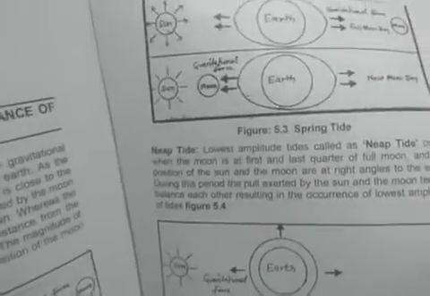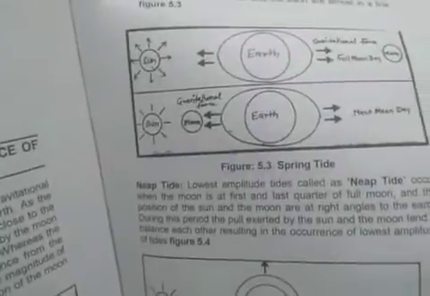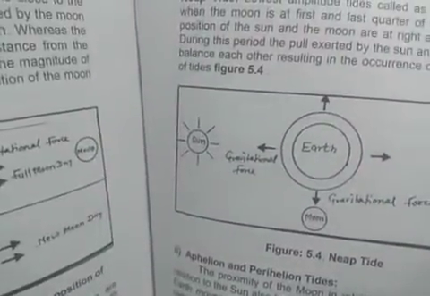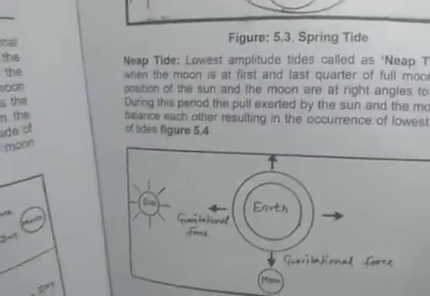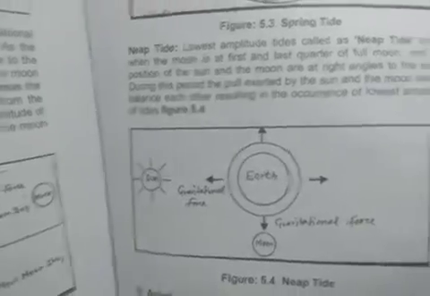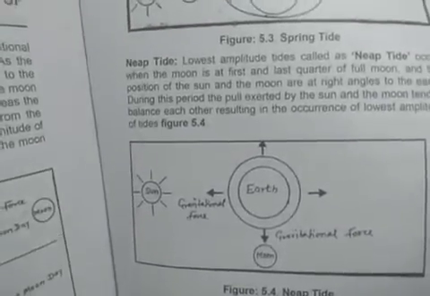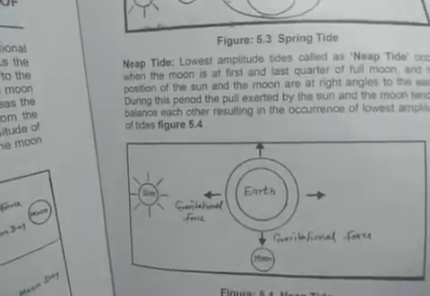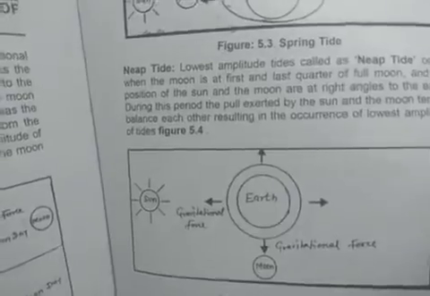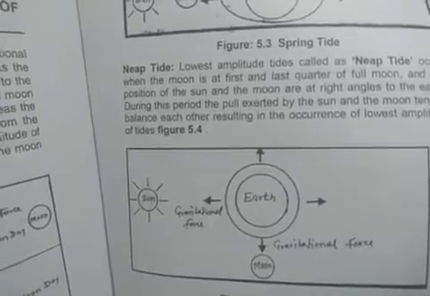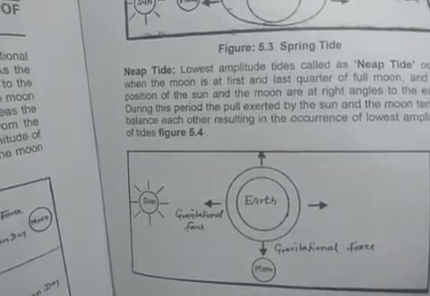Figure 5.3. Neap tide. Lowest amplitude tides, called neap tide, occur when the moon is at first and last quarter of the full moon, and the positions of the sun and the moon are at right angles to the earth.